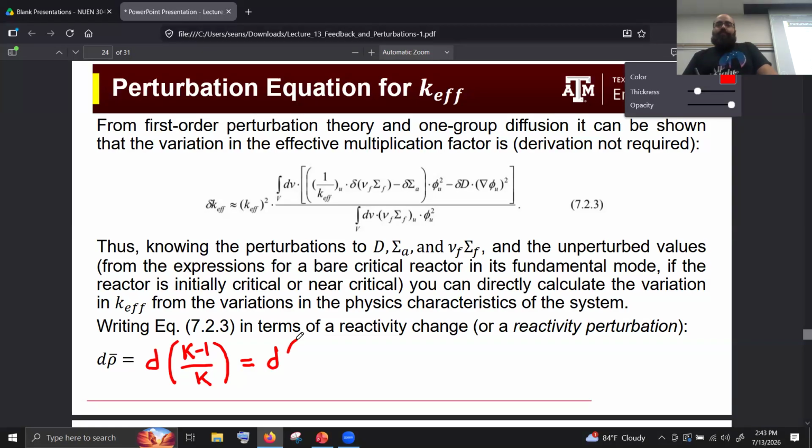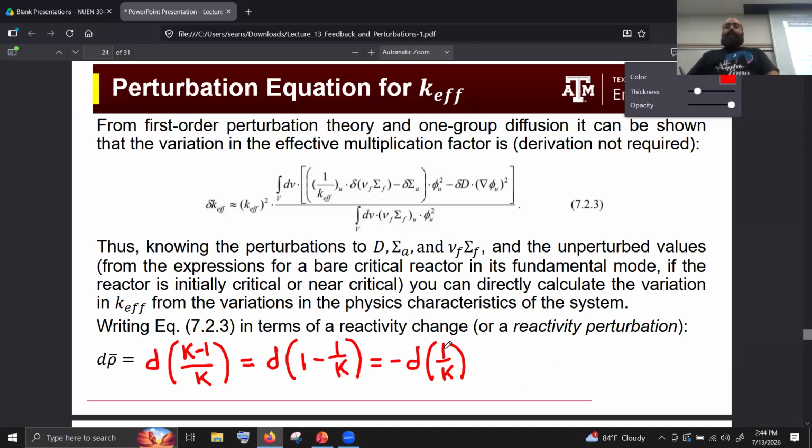So that would be the derivative of 1 minus 1 over k. The derivative of this is the same as the derivative of 1 minus k, because the derivative of 1 is 0. So this would be the negative derivative of 1 over k.